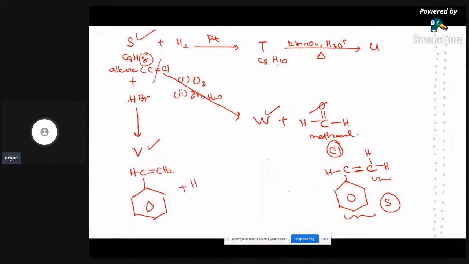Bila campur dengan hidrogen platinum, double bond ni dia akan jadi single bond, dia akan jadi structure ini.